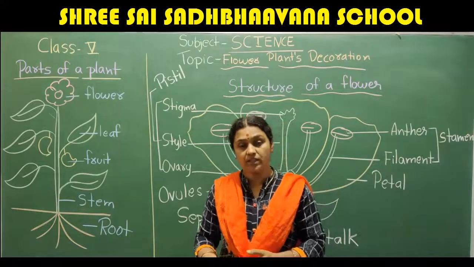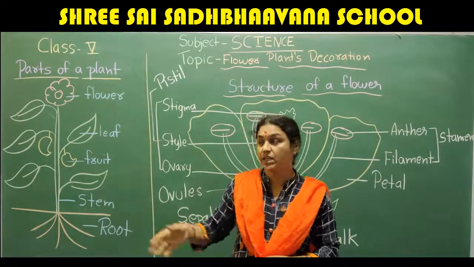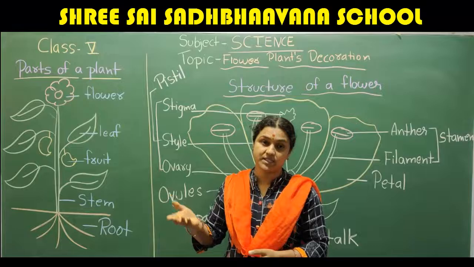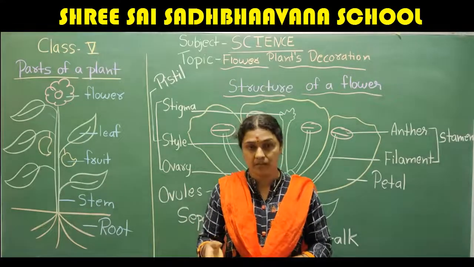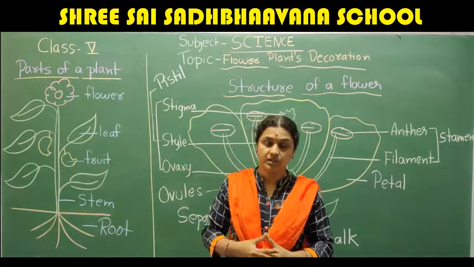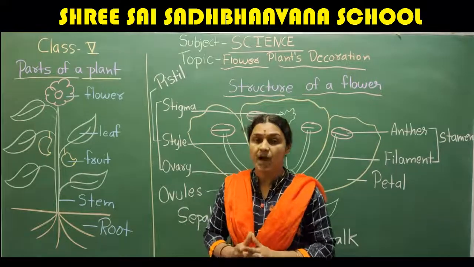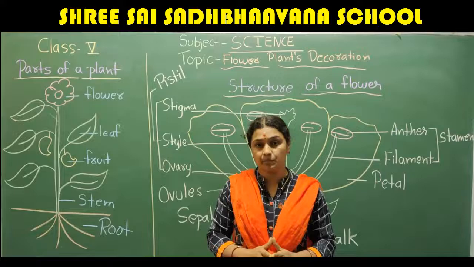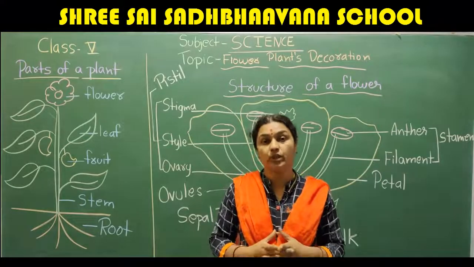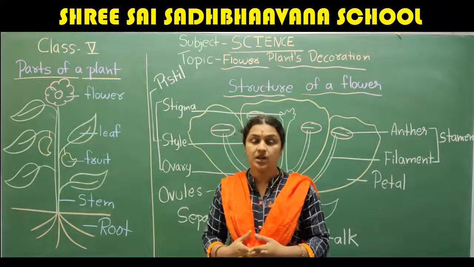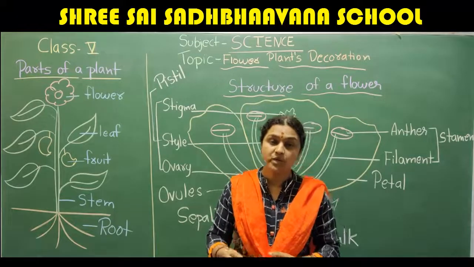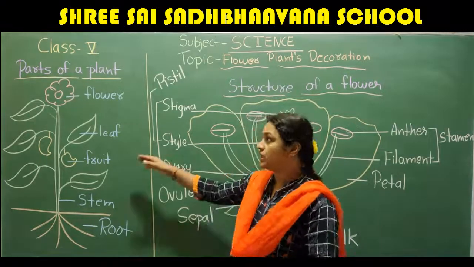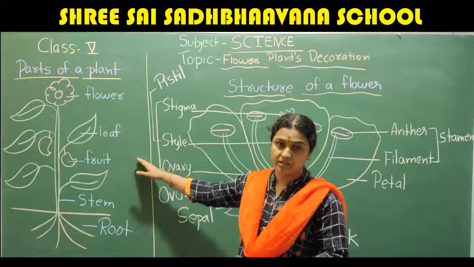Some of the animals eat the plants, which are called herbivorous, and the others eat other animals. So plants are the only living things that can prepare their own food with the help of sunlight, carbon dioxide and water. Before we discuss that, let us look at the parts of a plant.